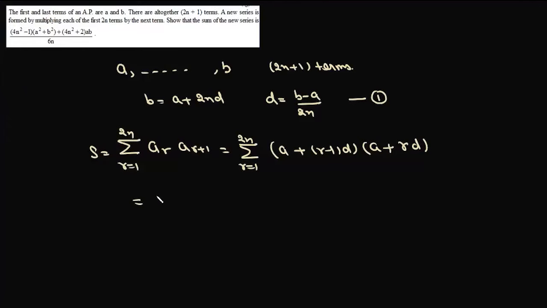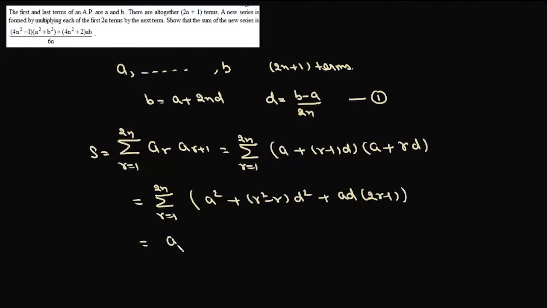Now if we simplify this, we can write this as the summation, r varies from 1 to 2n, of a square plus (r square minus r) into d square, and then we'll have this ad into (2r minus 1).